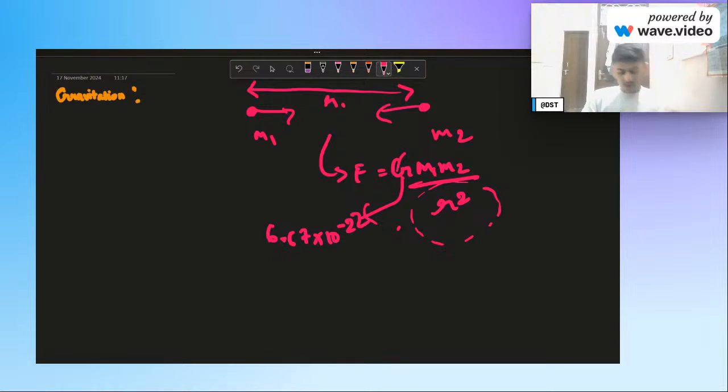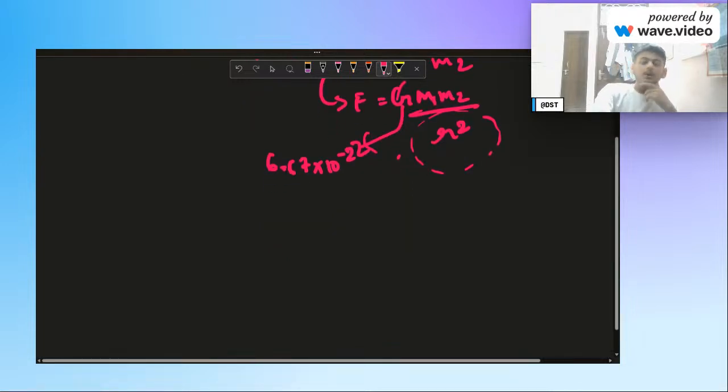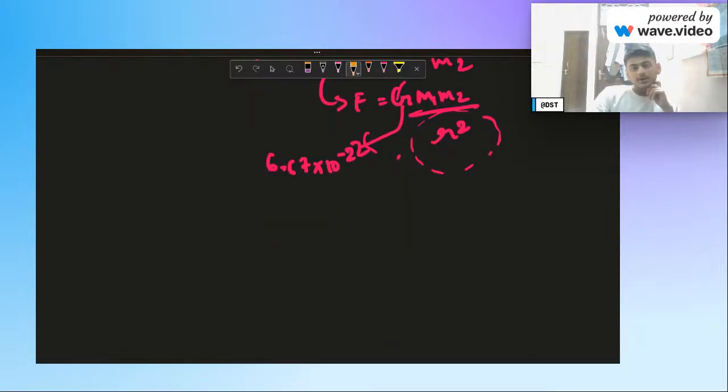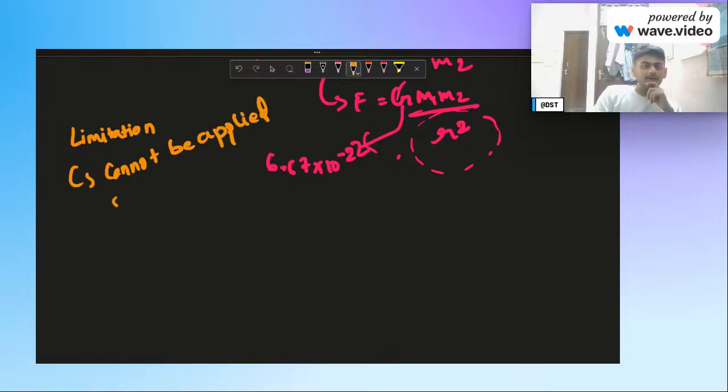Let us discuss them in detail. What is the limitation of Newton's law of gravitation? The limitation is that it cannot be applied on extended bodies.